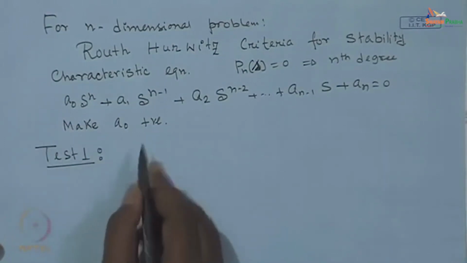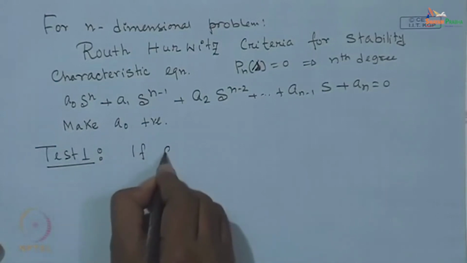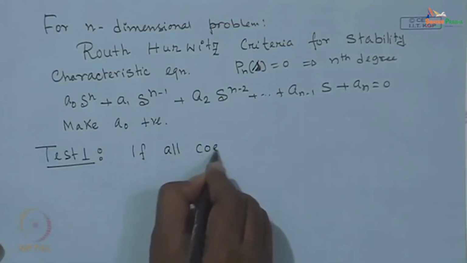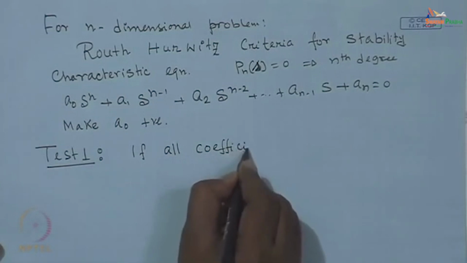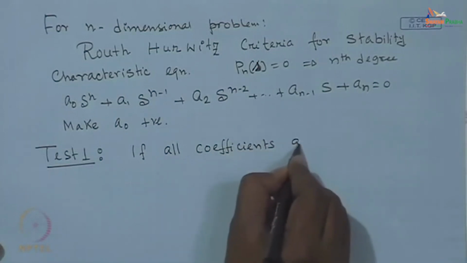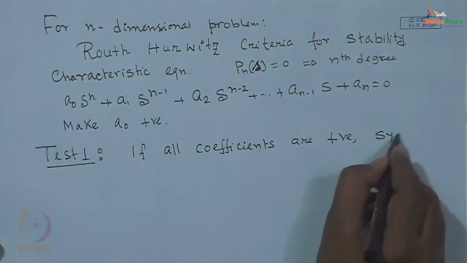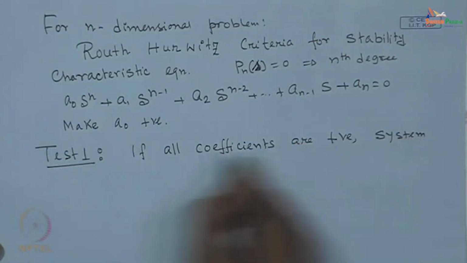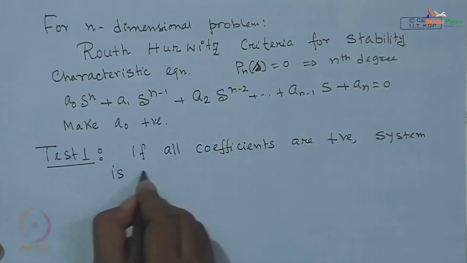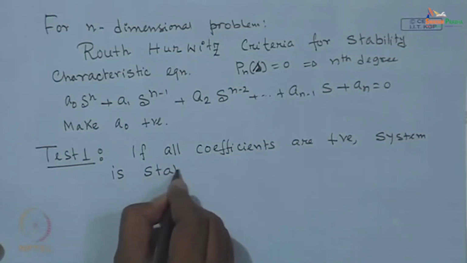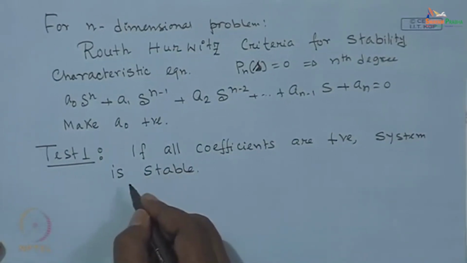Test 1 says that if all coefficients are positive, the system is unconditionally stable.